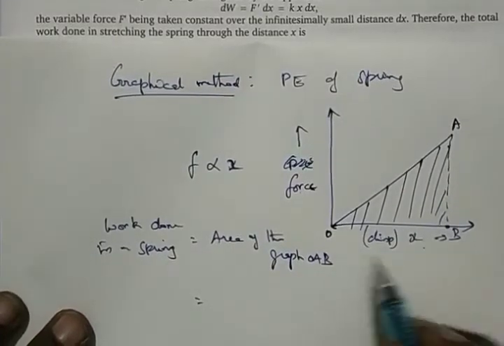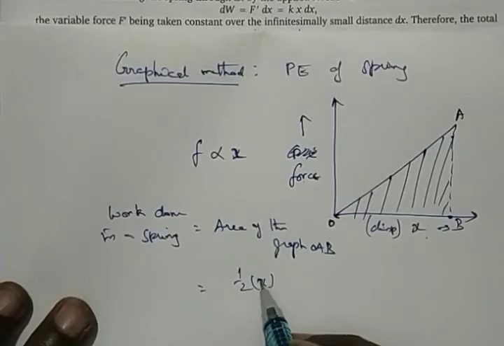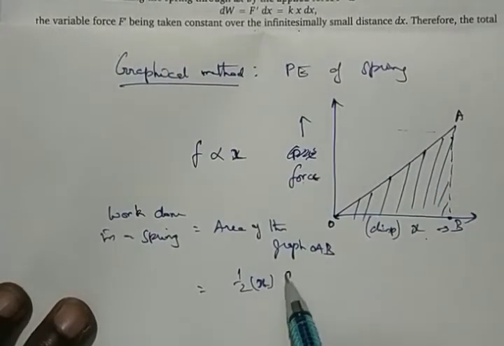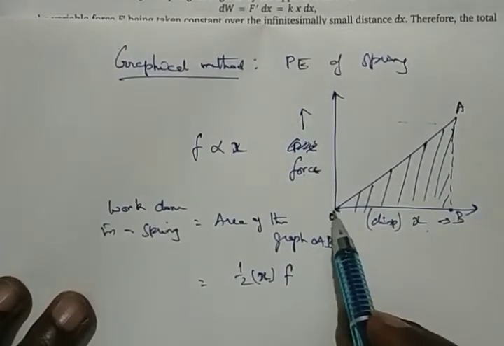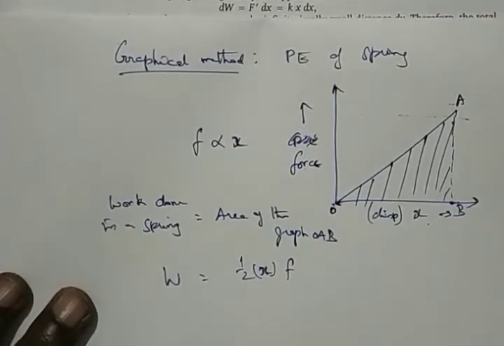So what is the area of the graph here? Half into base into height. This is the force. Base into height, that's a force here, and that's going to be work done.